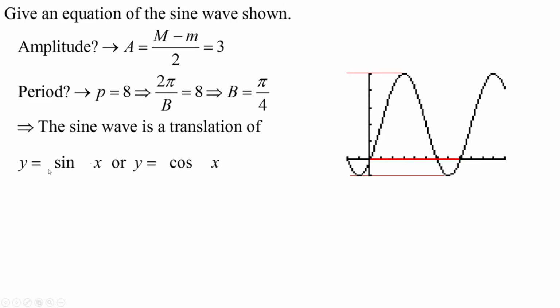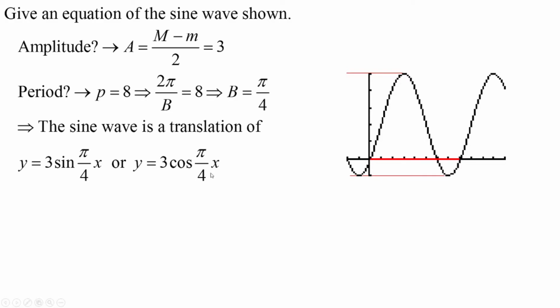So let's put a 3 right there. All right. And then we said our b was pi over 4. So we're going to take this x and multiply it by what? Pi over 4. And we can do that with sine or with cosine. Exactly the same thing. So the amplitude is still 3 and the b is still pi over 4.